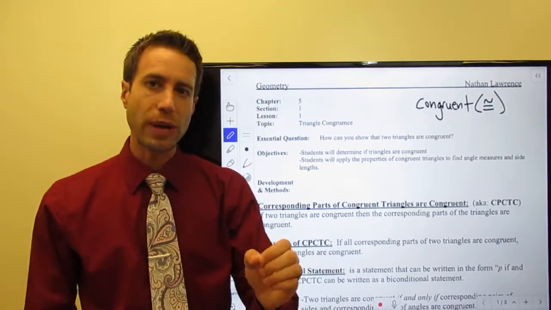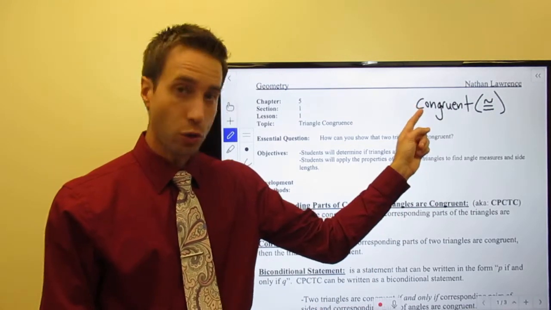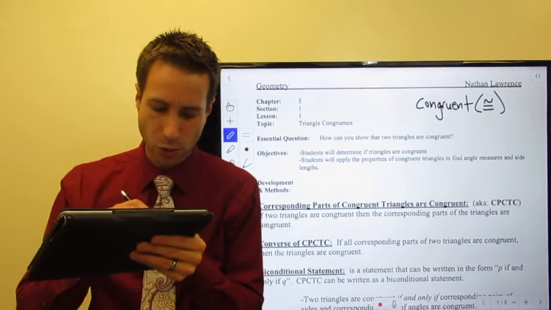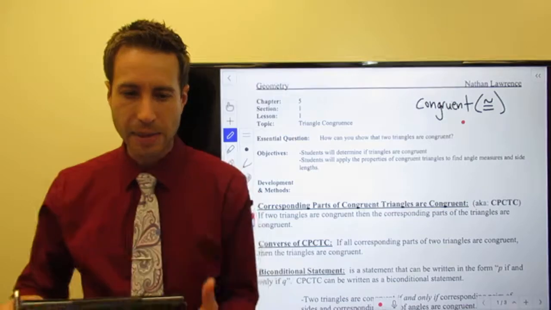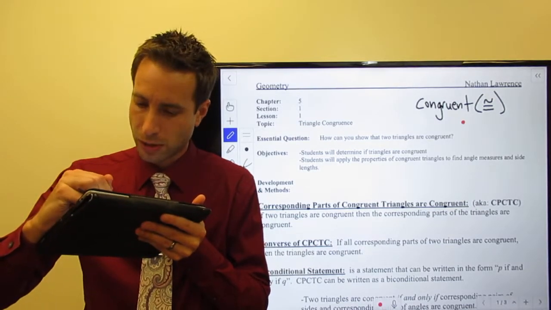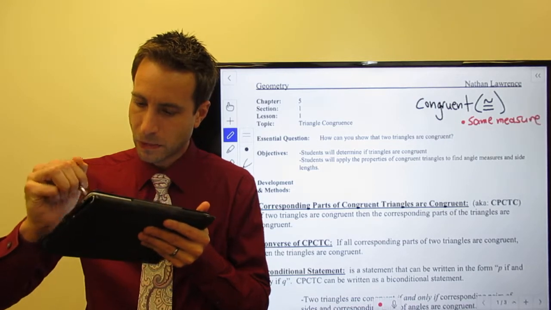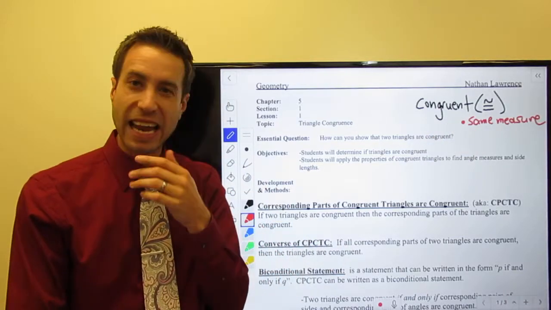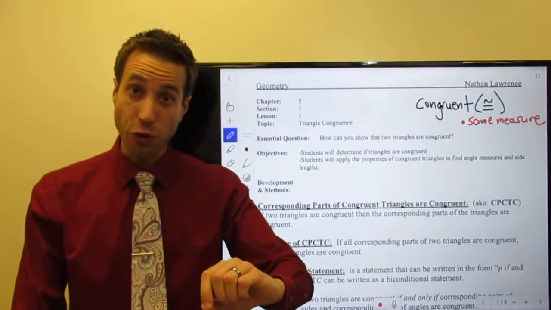But in geometry, we have to go a little further. In congruency we still have the equal sign because congruent does mean two things have the same measure, just like in algebra.